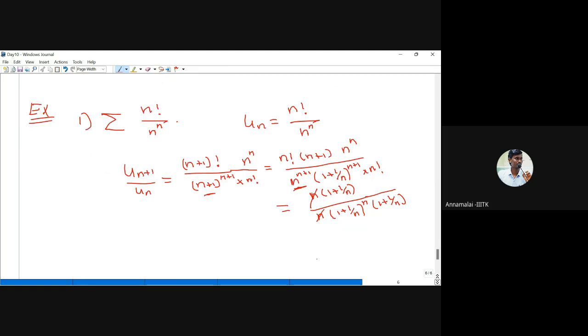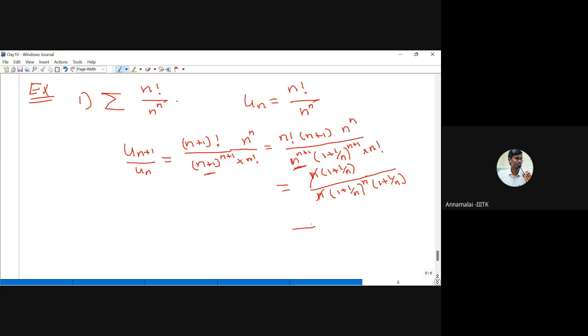Now, as n goes to infinity, where does this go? In the numerator, what is the limit? In the denominator, what is the limit? So we can cancel 1 plus 1 by n. Yes, very good, it tends to 1 by e. Is it less than or greater than 1? Less than 1.